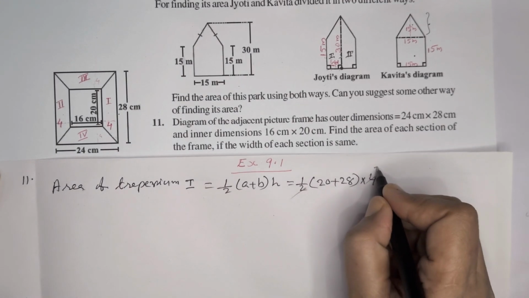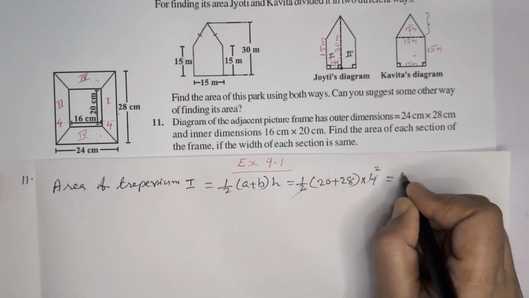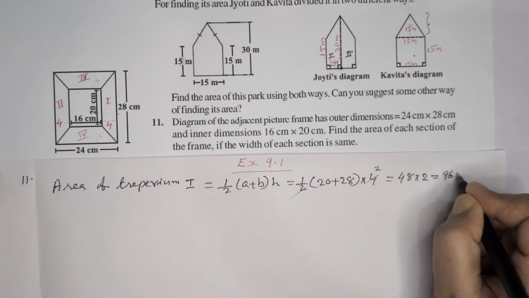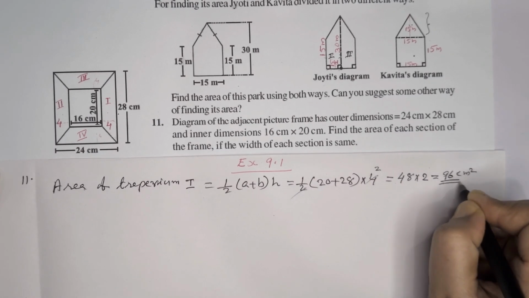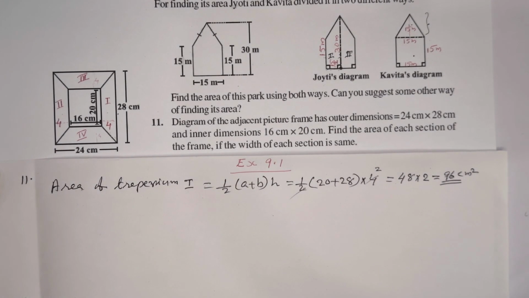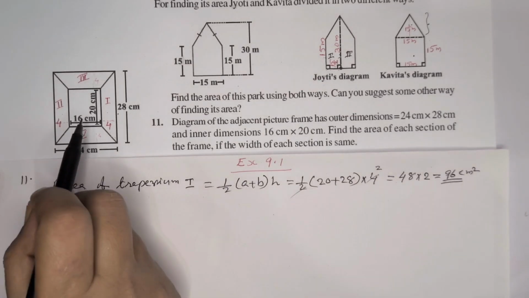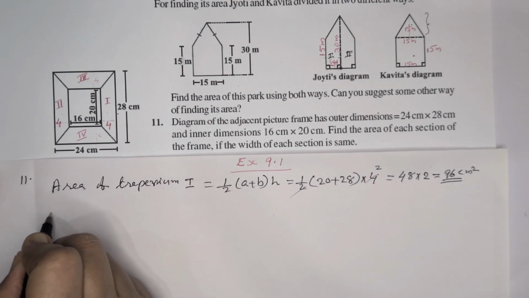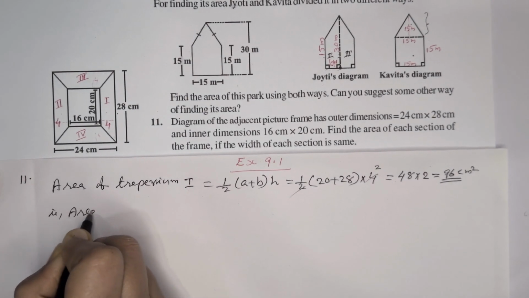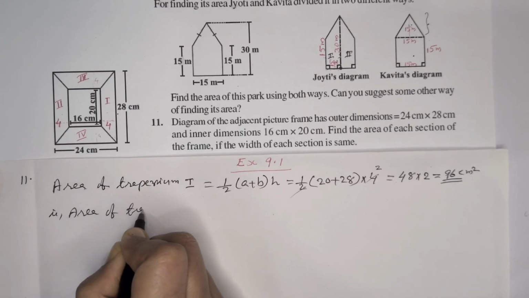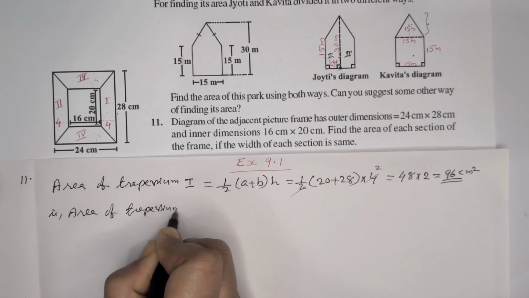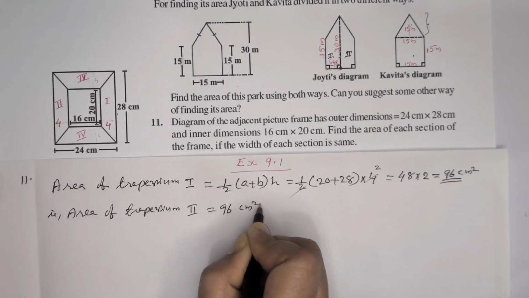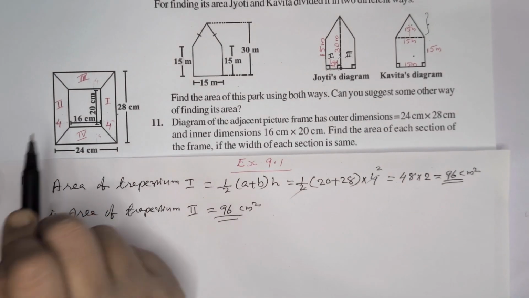So we can divide by 2. 20 plus 28 will come 48, into 2, is equal to 96 centimeter square. So area of trapezium 1 is 96 centimeter square. Now the same as that, area of trapezium 2 is also equal to 96 centimeter square. These two are in the same measurement.